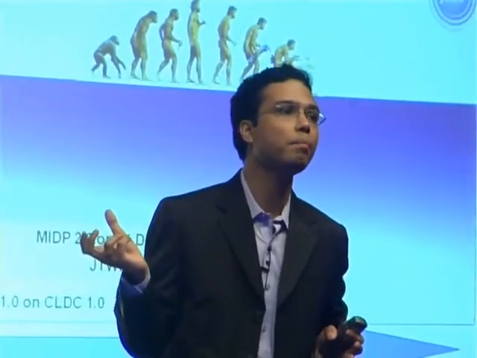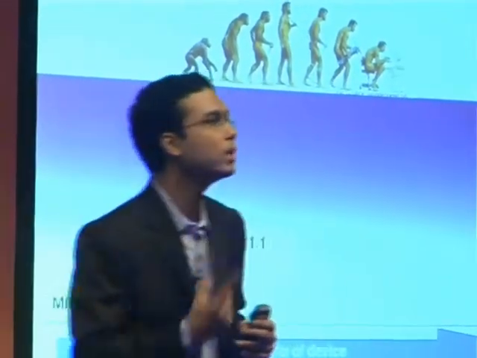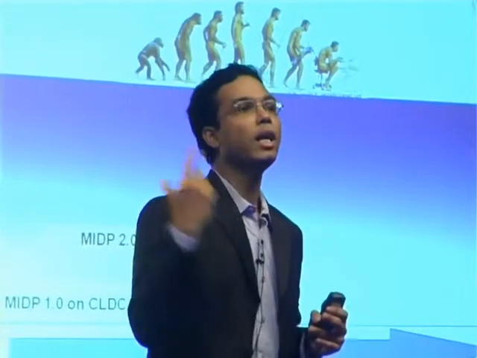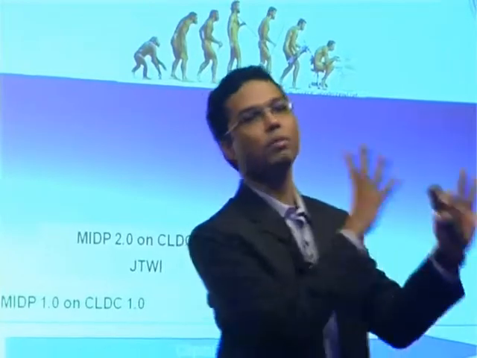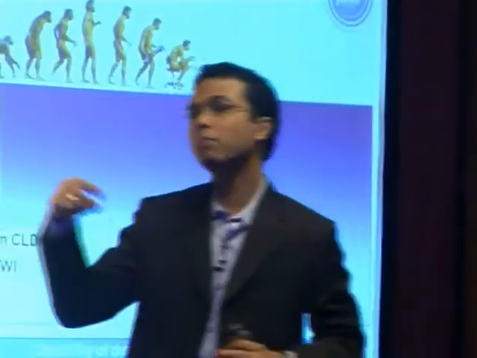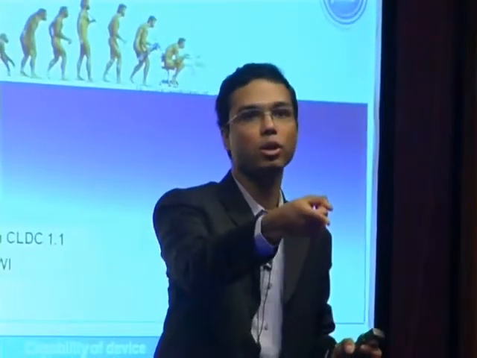So what used to happen is, the slogan of Java is, write once, run anywhere. But what used to happen is, write once, run in one place. Because a Java application which runs on a Nokia device never used to run on a Motorola device. Something which runs on a Motorola device never used to run on a Sony device. Because there was total fragmentation.